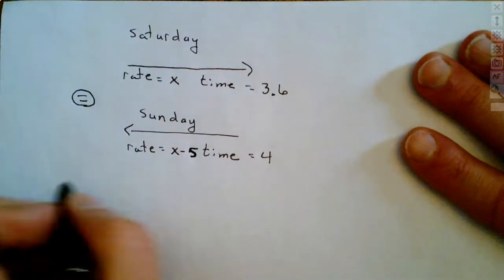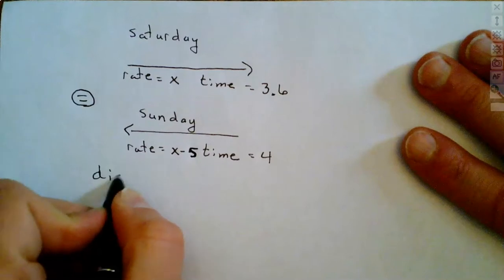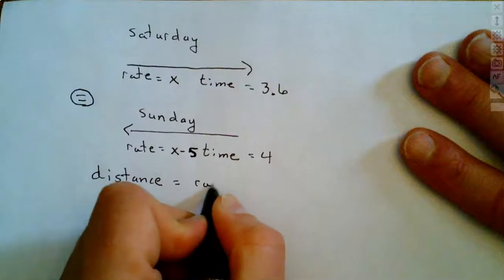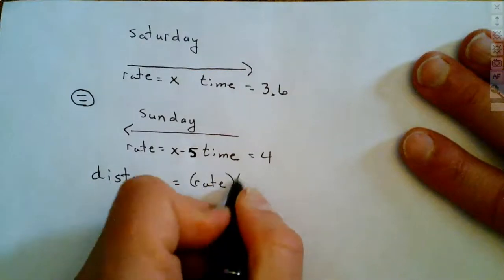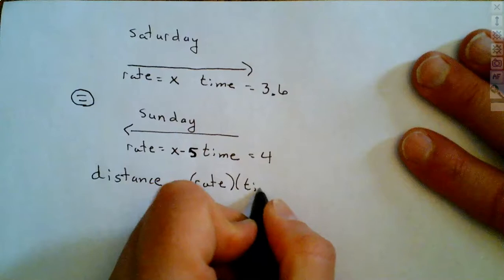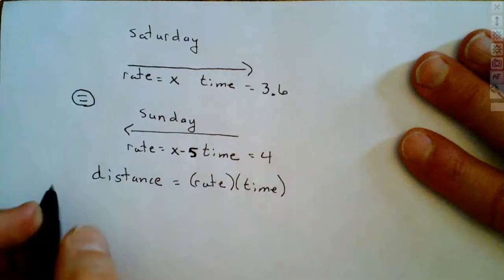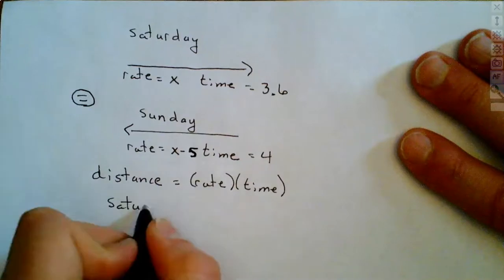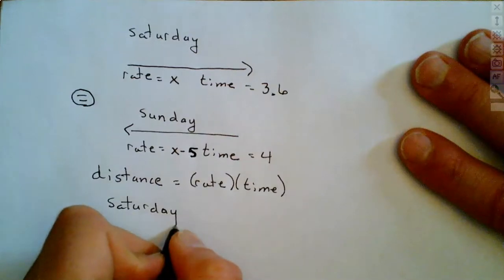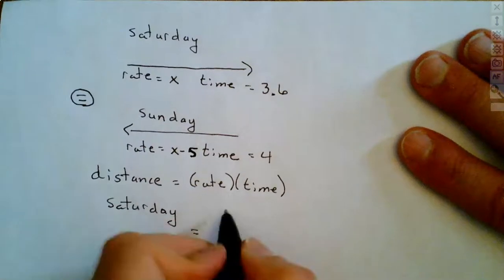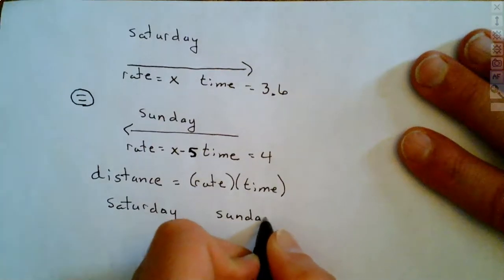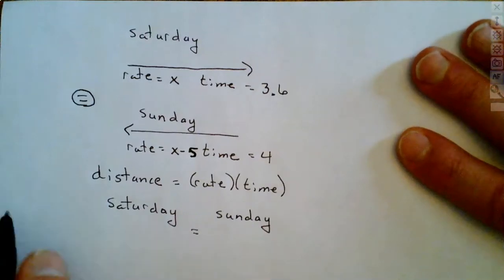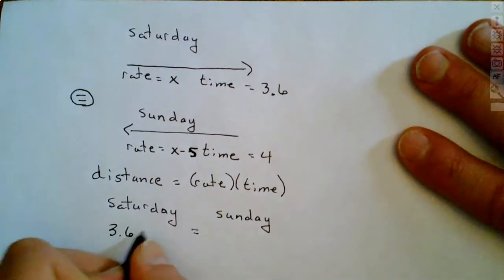Now we can build our equation here. And again, the distance is going to equal the rate times the time. And these should equal, so Saturday should equal Sunday. So what do we have for Saturday? Well, Saturday, we have 3.6 times x.